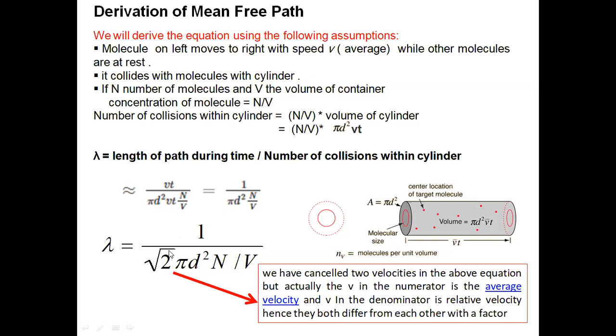The square root of 2 appears because we cancelled two velocities in the above equation, but actually the v in the numerator is the average velocity, and the v in the denominator is the relative velocity. So we have the average velocity and the relative velocity, and it is corrected by this square root of 2 factor.